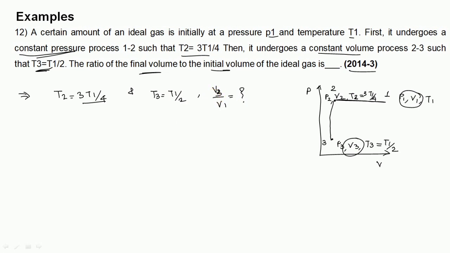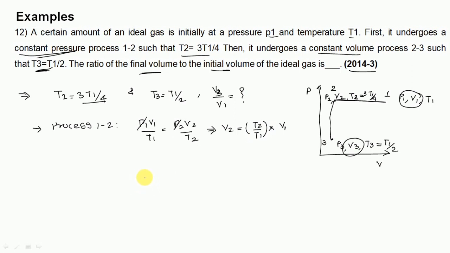Okay, so let's start with how we can calculate. If you see the process 1 to 2, it is P1 V1 upon T1 is equal to P2 V2 upon T2. But here the pressure is constant, so P1 and P2 are the same and cancel out. From this relation, V2 is equal to T2 by T1 into V1. Okay, so this is the relation between V2 and V1.